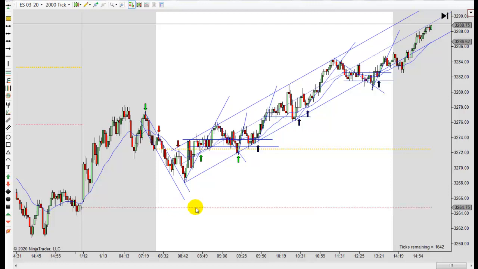People ask me about this all the time. I talk about it, but I guess new people come in. You can see this is where we closed the previous trading day, and this is where we opened today at 8:30 during the normal session.